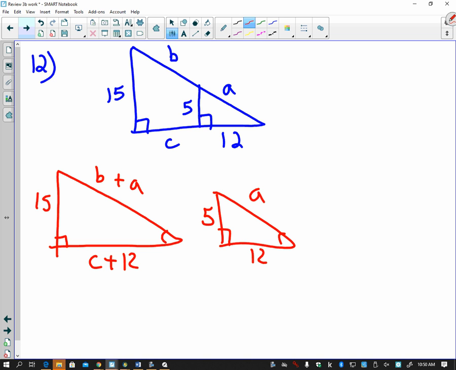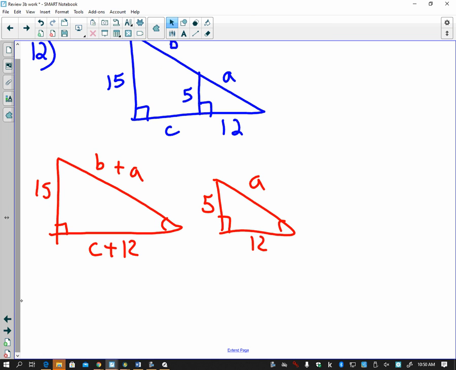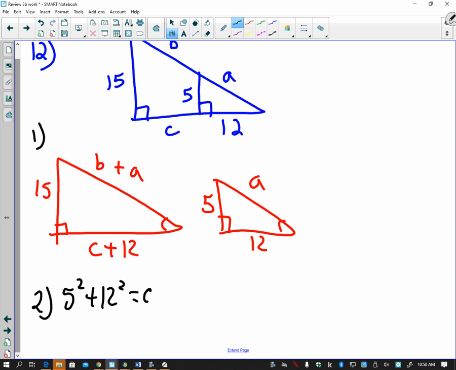I can go ahead and solve A really easily, though, because we're just going to use the Pythagorean theorem. Actually, I'm going to call that step 2, because I would really call setting it up like this step 1. So we've got 5 squared plus 12 squared equals A squared.